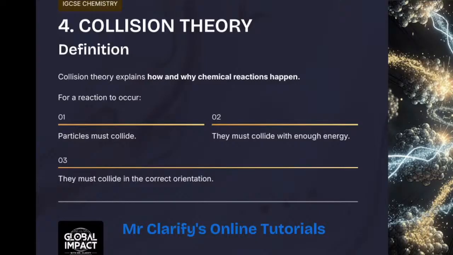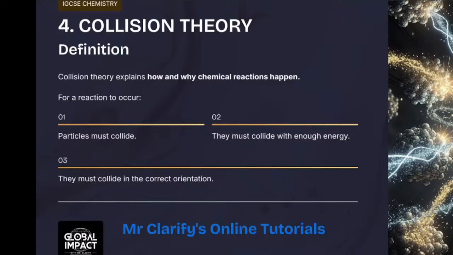Collision theory is this. When we say you have a reaction, the only way you're going to have a reaction between 2 substances, A and B, is if they collide. So the only way that I'm going to have a reaction is the reactants must collide. So listen, this is a rule. It's called the collision theory.